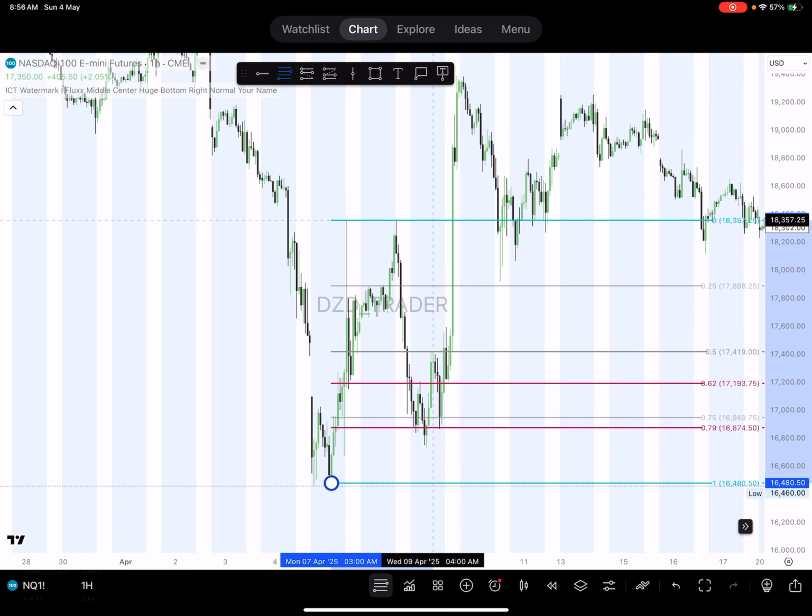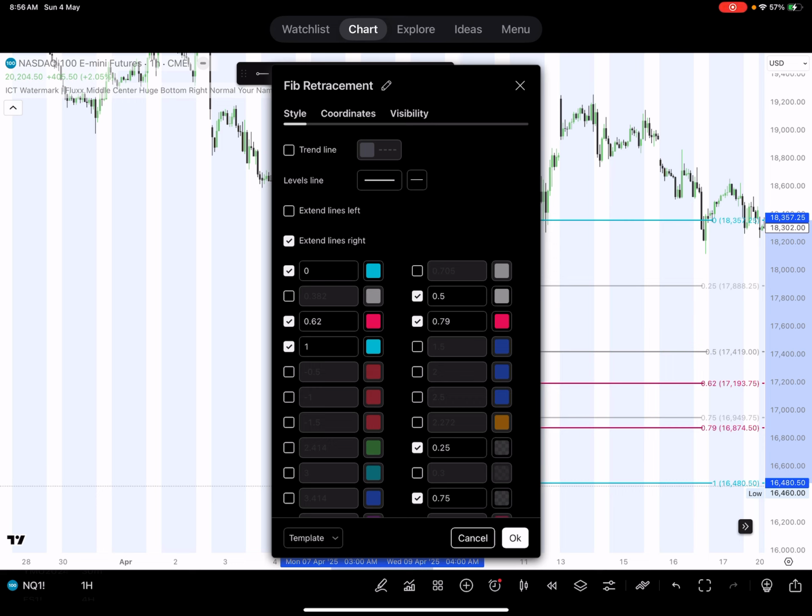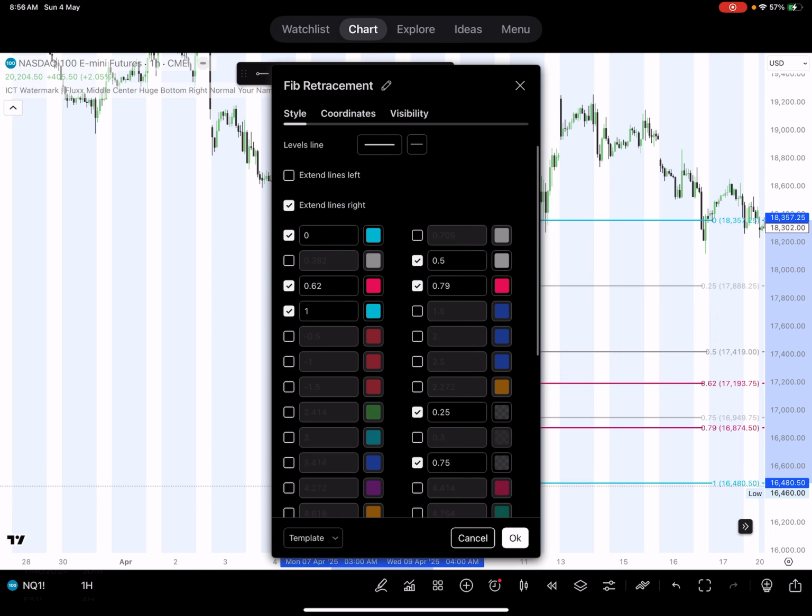We grab the Fibonacci. Before I go and tell you about it, could you please look at these values that I have turned on, copy them into your Fibonacci and save it as a template, okay? I'm doing extend to the right, lines to the right, because I want the lines going to the right side.